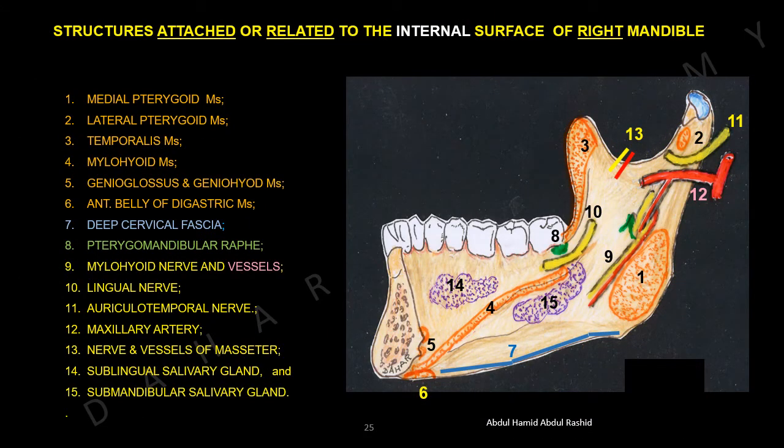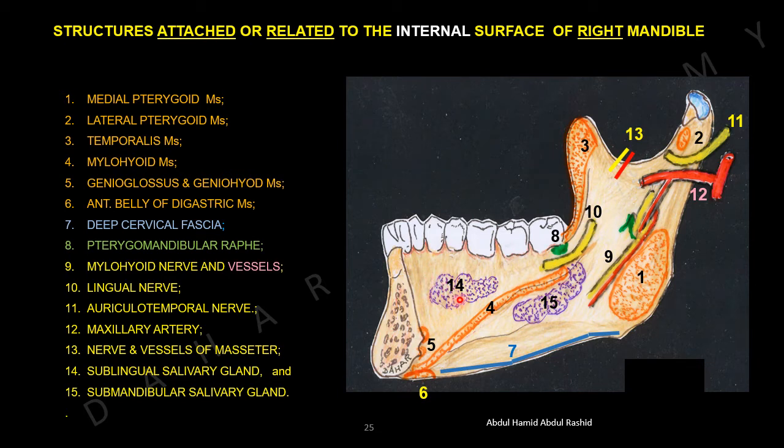Structures attached or related to the internal surface of the right mandible. Let's see the diagram first. This is anterior, this is posterior. This is the internal surface of the right half of the mandible. This is the symphysis menti. This posterior surface is the internal surface of the symphysis menti.